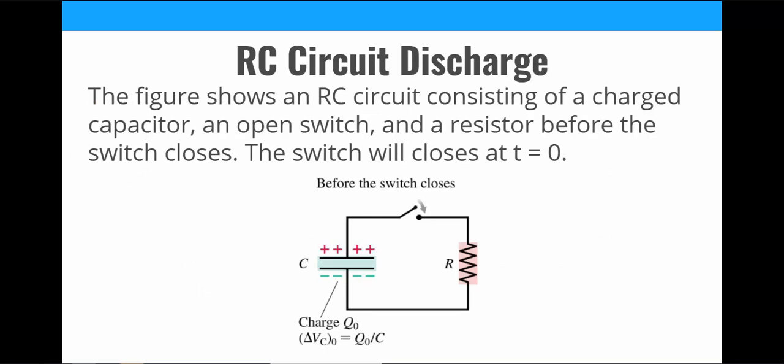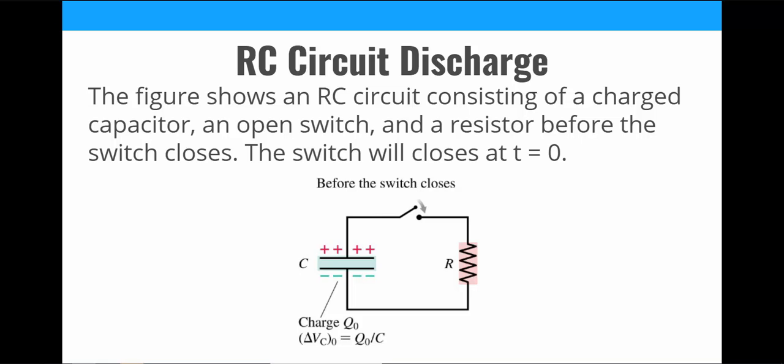So here we go. The figure shows an RC circuit consisting of a charged capacitor, an open switch, and a resistor before the switch closes. The switch will close at t equals 0. Okay? So this is before the switch closes. So we have some charge on the capacitor.